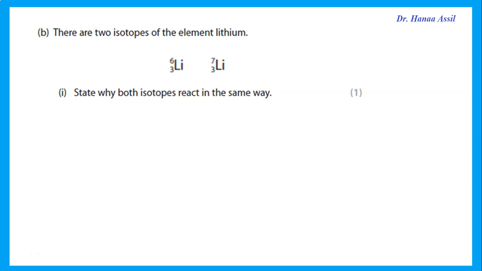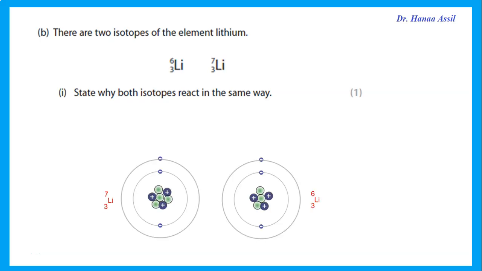There are two isotopes of the element lithium. State why both isotopes react in the same way. Remember, we said isotopes of any element react in the same way because the isotopes have the same number of electrons. Remember, the reactions that an element does depends on the number of electrons and electron distribution.